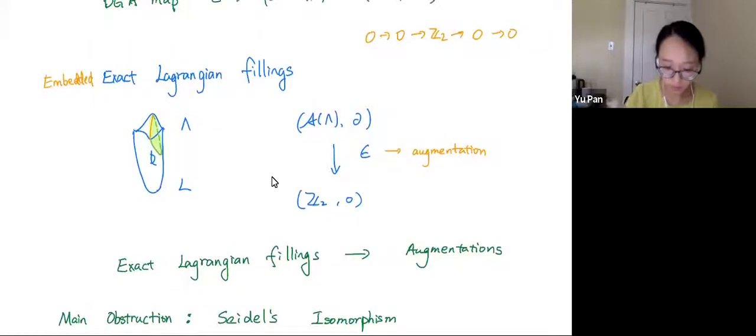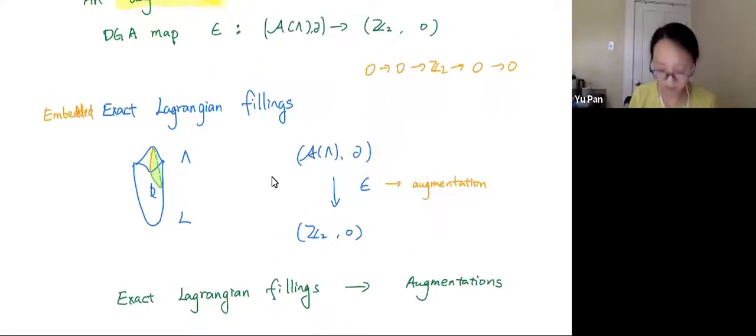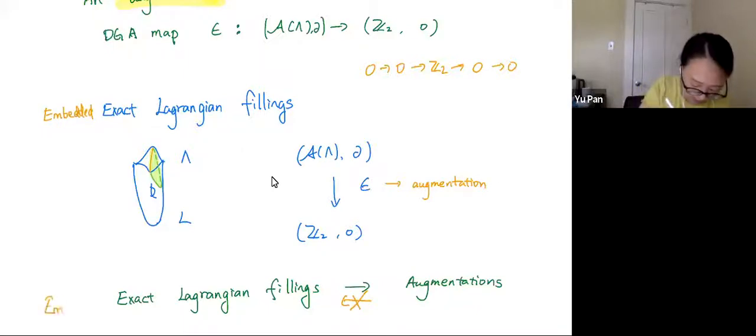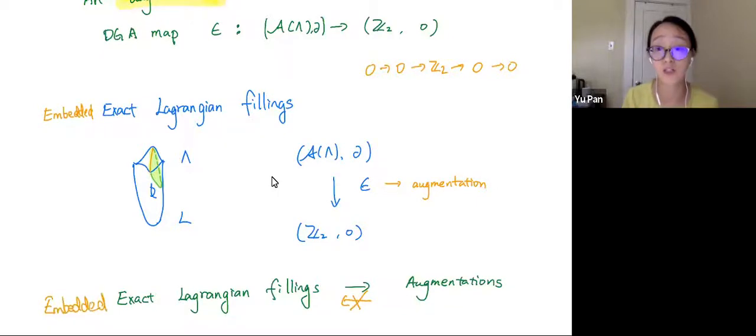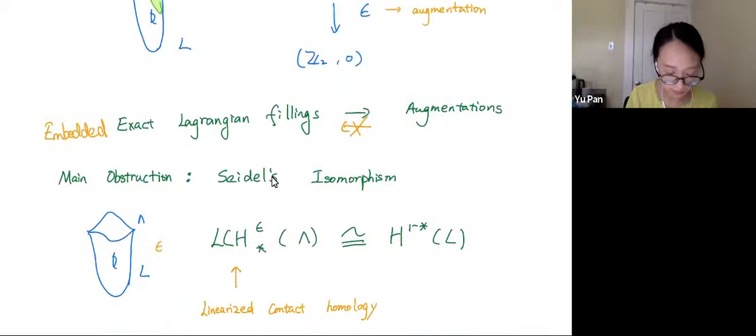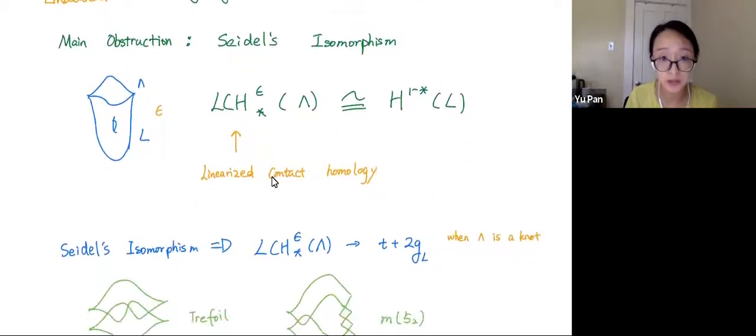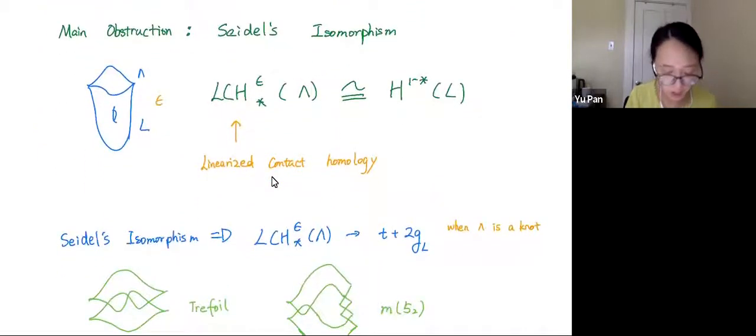So here what we show is that exact Lagrangian fillings induce augmentations. But as we mentioned earlier, the reverse direction is not true. Not all the augmentations come from embedded exact Lagrangian fillings. The main obstruction actually comes from Seidel's isomorphism.